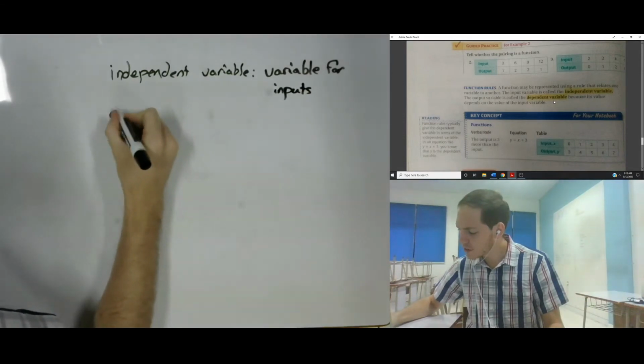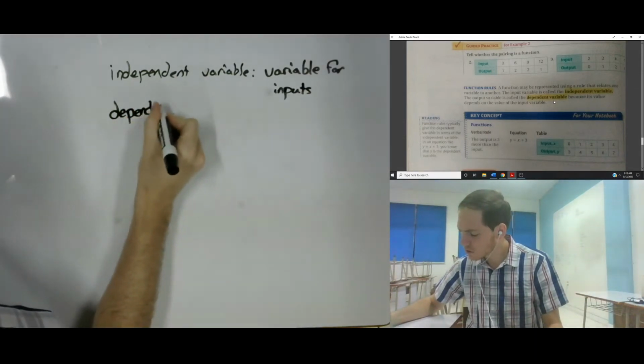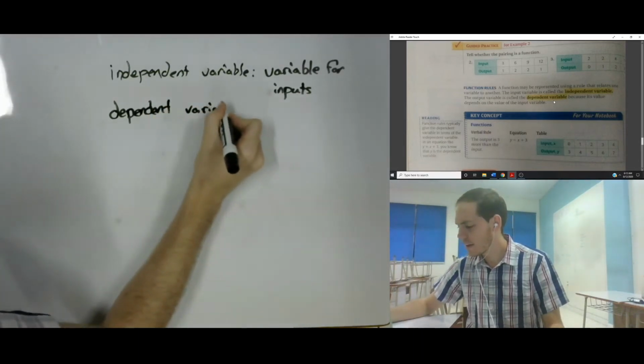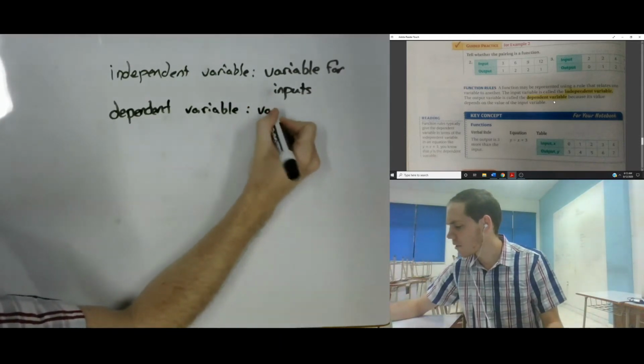Our dependent variable is the variable for our outputs.